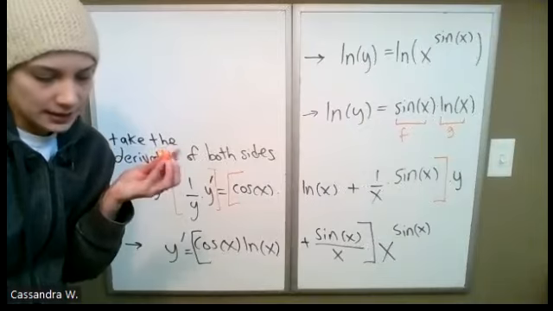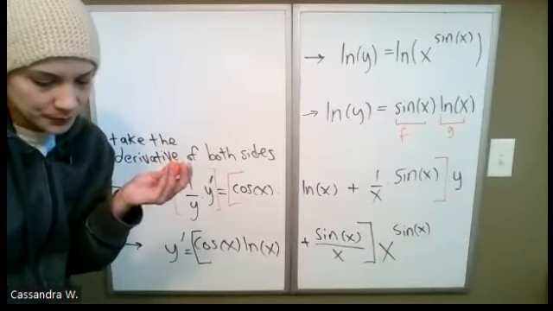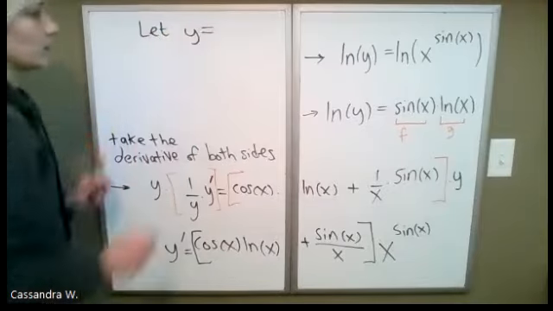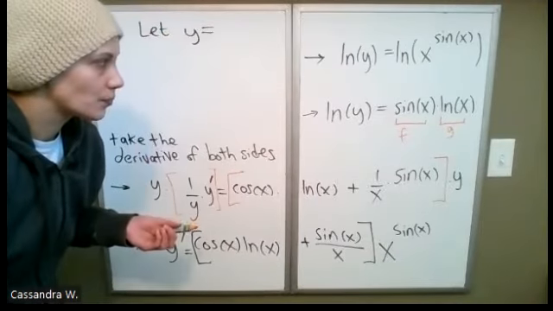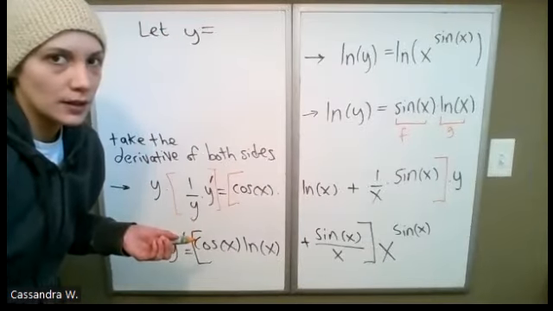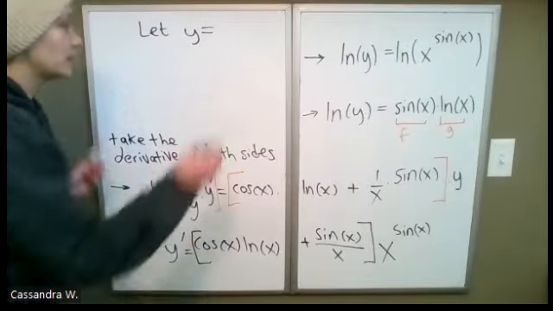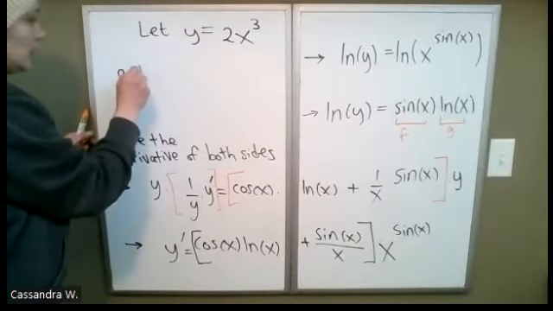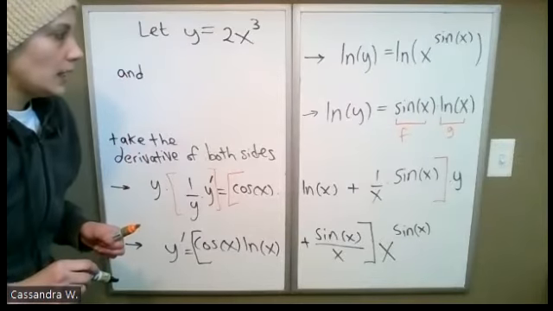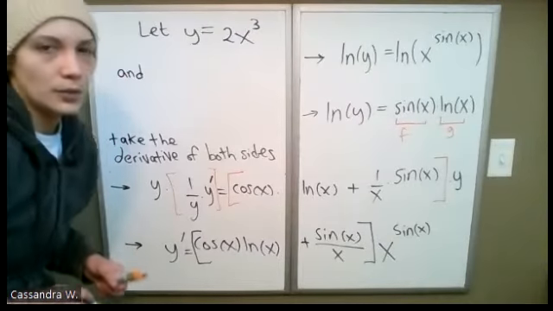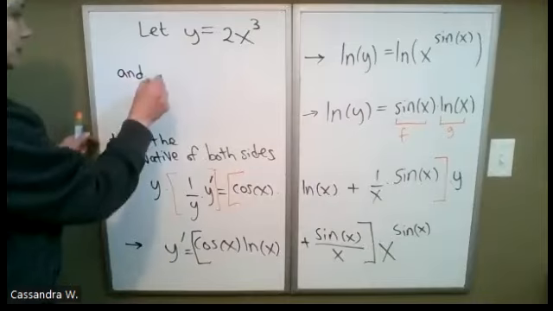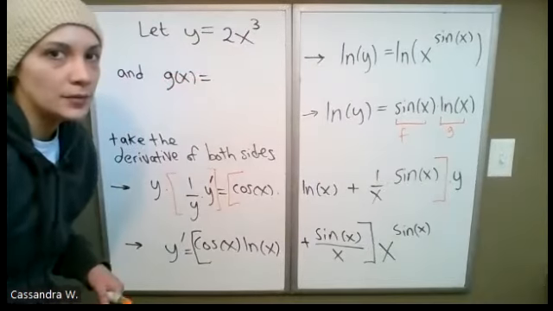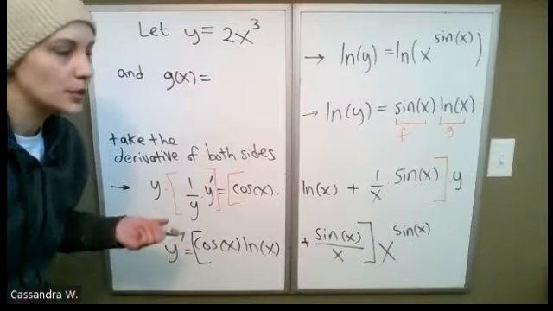I'm still gonna make a little example. Okay, let's do 2x cubed. And we'll call g of x ln of 2x cubed, ln of y.